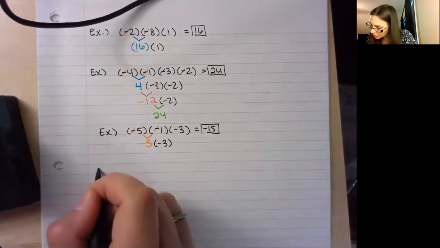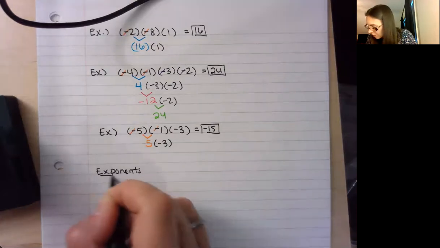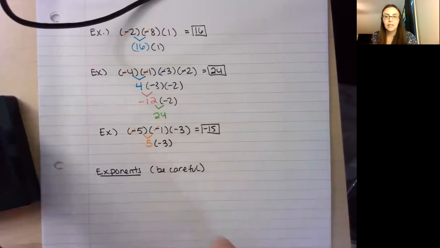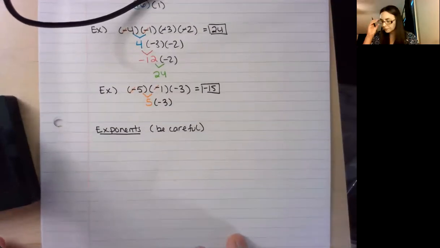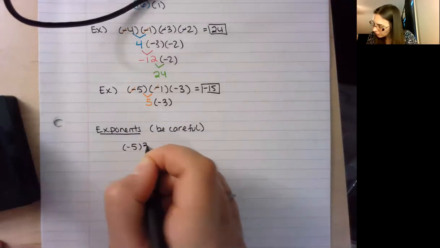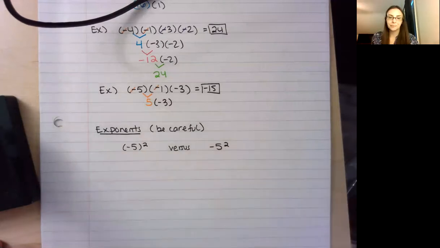I want to take a moment here and just do some exponent examples, as these always tend to confuse students when we start bringing in negatives. So for instance, let's look at (-5) squared versus -5 squared.